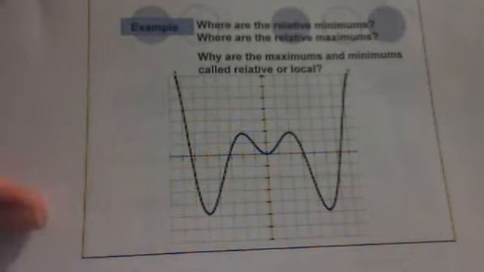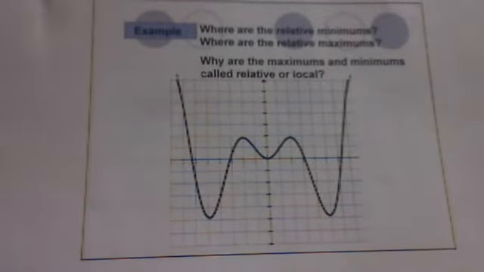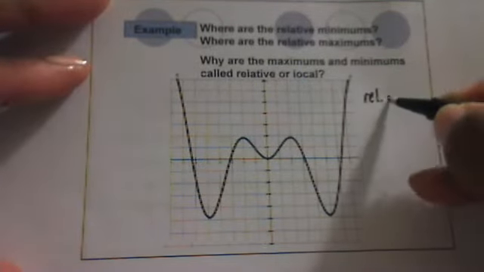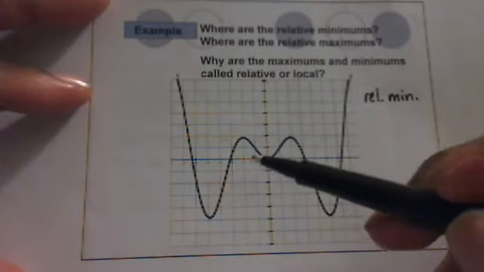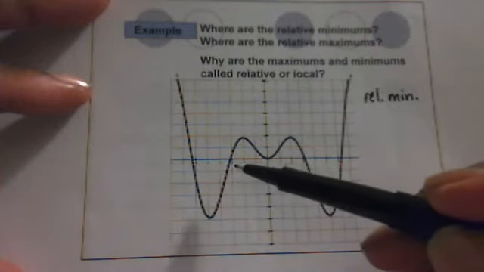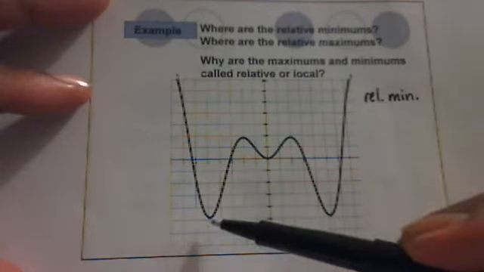If you look at this example, we want to find out what the relative minimums and the relative maximums are. In this case, the relative minimums are those lowest points on this graph. The lowest point here looks like it's negative 1, 2, 3, 4, 5, then down 1, 2, 3, 4, 5.